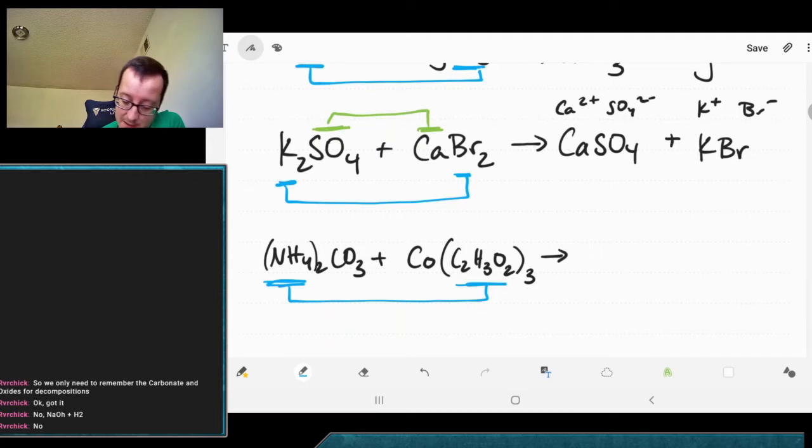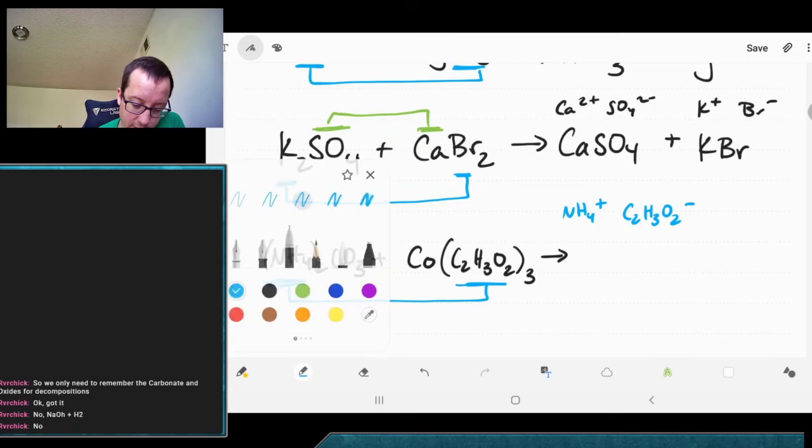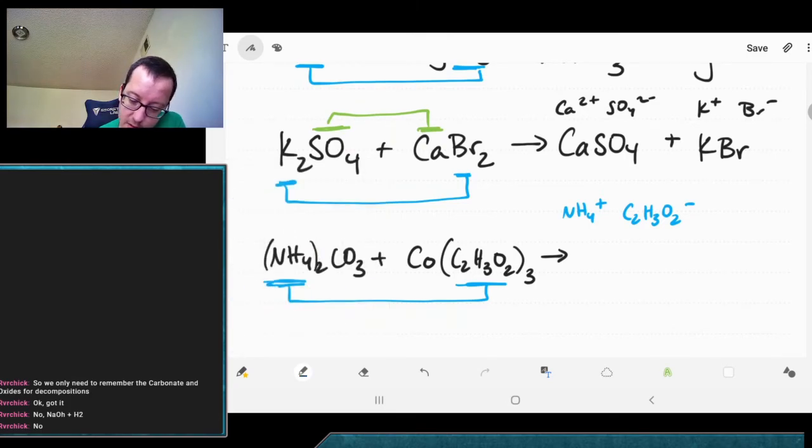So we're going to want to make a compound between ammonium and acetate. And thankfully for us, that's just all going to work out right here. They're the same charge, so we can just throw them together. Ammonium acetate there.